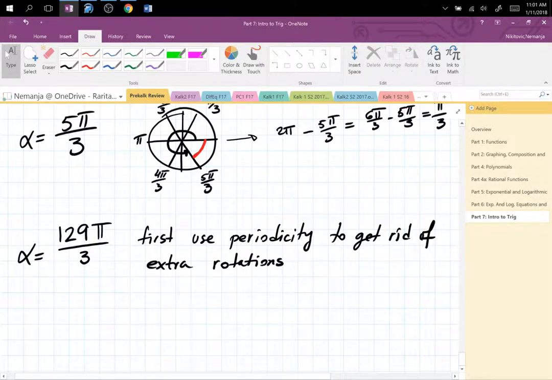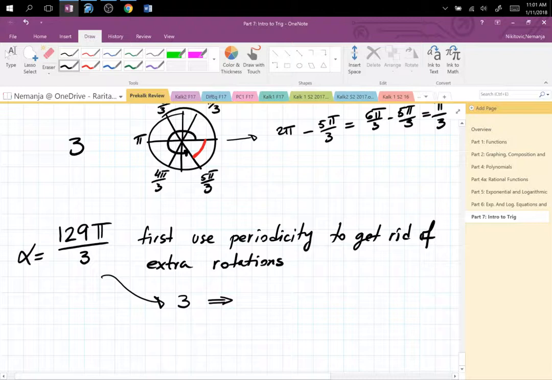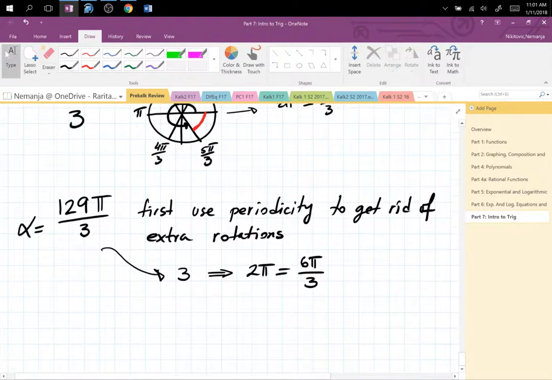So first use periodicity. Since I have denominator 3, I can just use 3, which implies that 2 pi in terms of thirds will be 6 pi over 3.